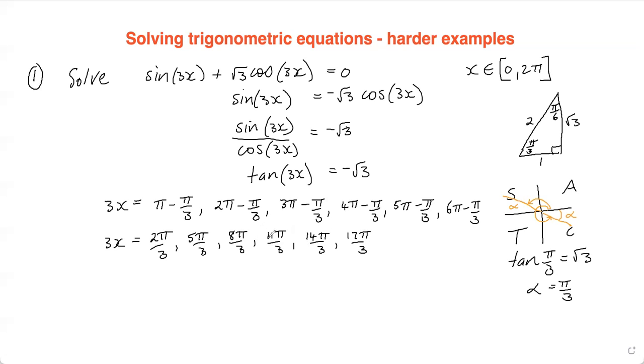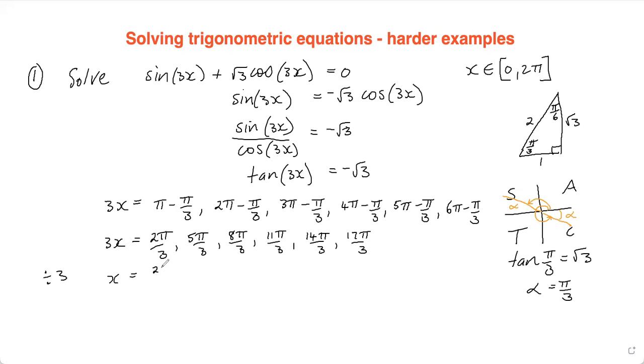Now, last of all, we don't want 3x, we just want x. So we're going to divide through by 3 to get x is equal to, now, if we're dividing each of these fractions by 3, effectively what we want to do is multiply the denominator by 3.